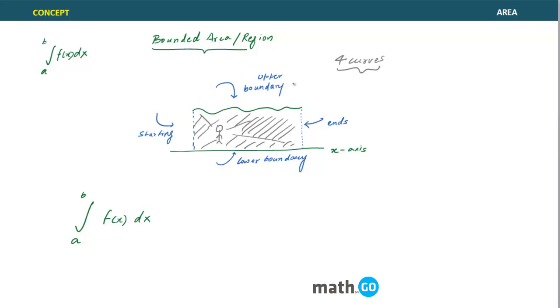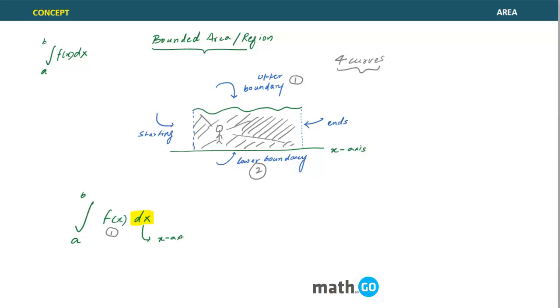What are those curves? This is the first, which is actually your f(x). Now keep understanding what is there in terms of definite integration. Let's say the second boundary is your lower boundary. What it signifies in the definite integral is this dx. So dx actually signifies the lower boundary, which is always the x-axis.